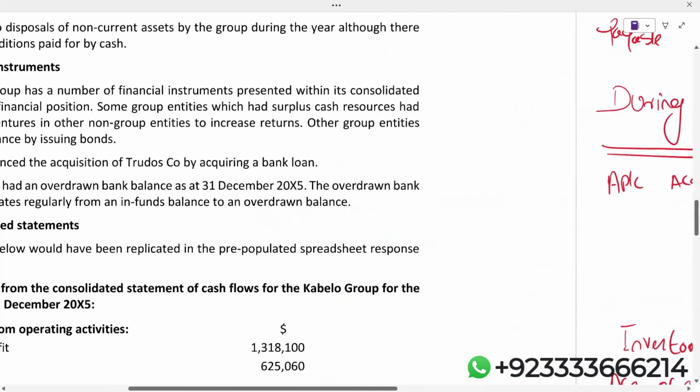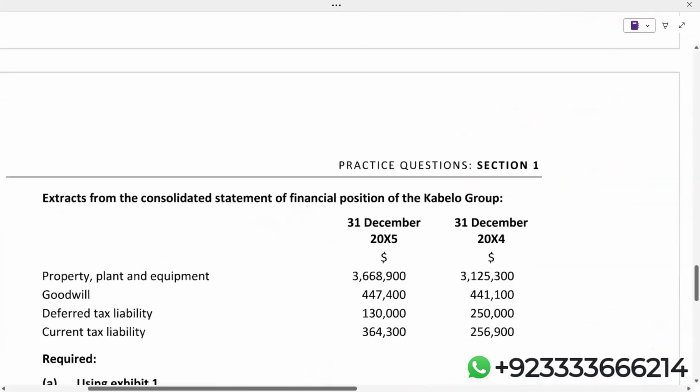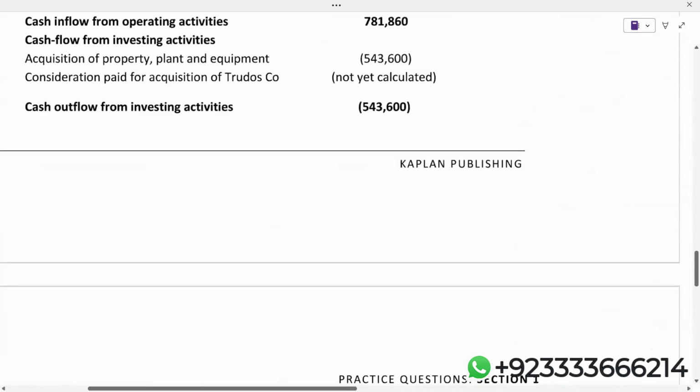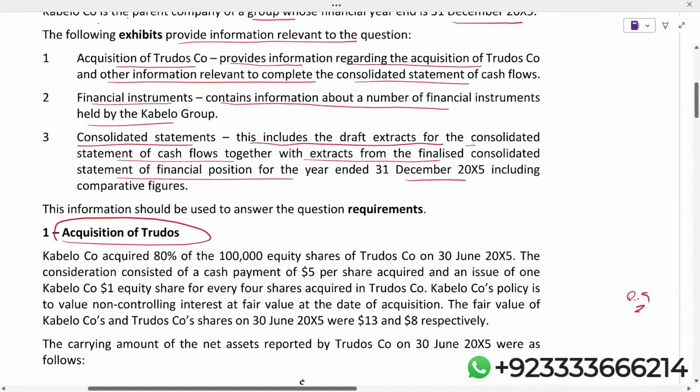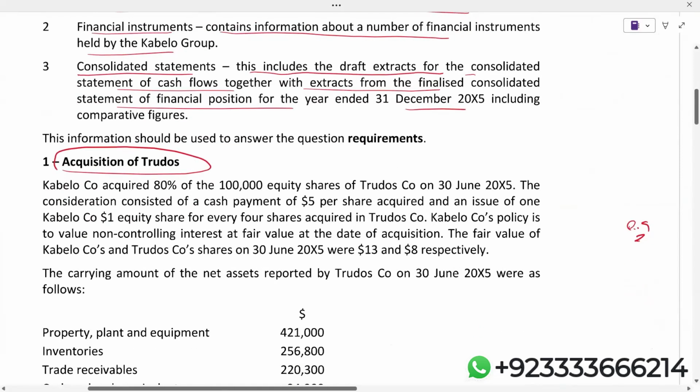Let's come here now. It all came because we saw there is an acquisition of a subsidiary. Acquisition of Traders. Kabelo acquired 80% of 100,000 equity shares of Traders company on 30th June X5.